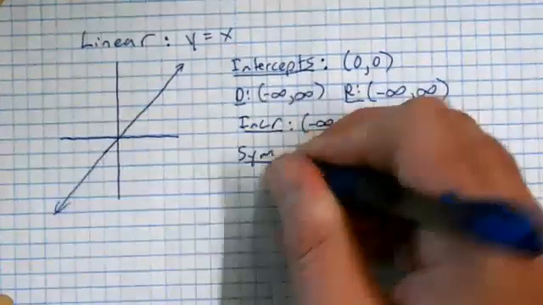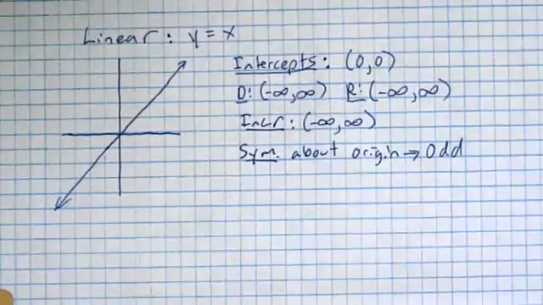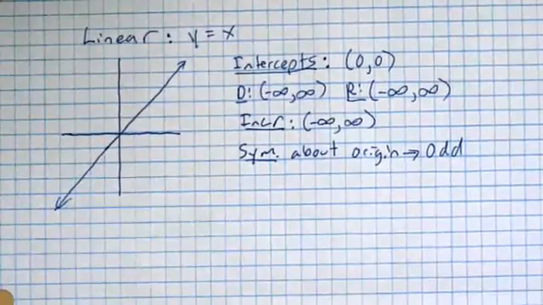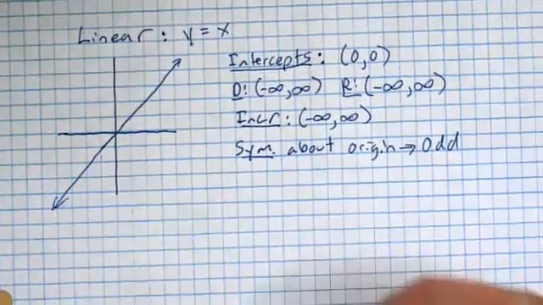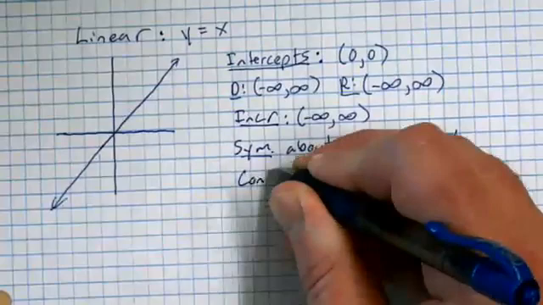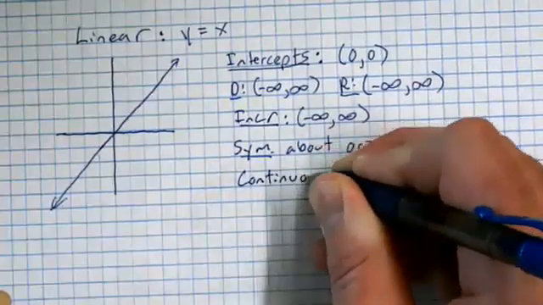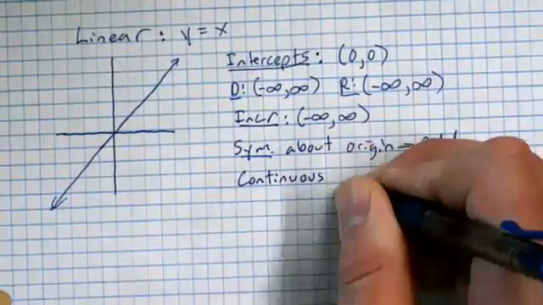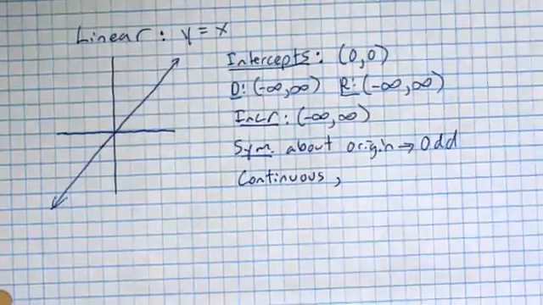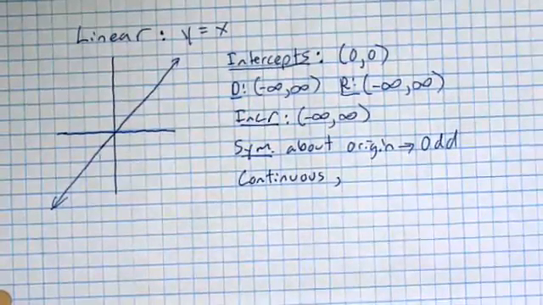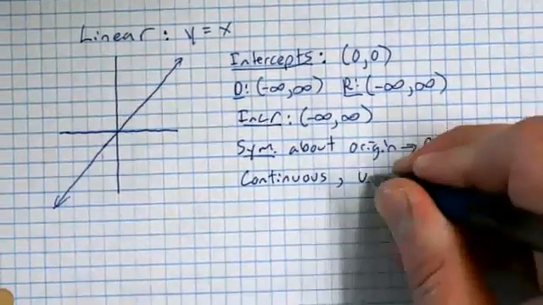If you get a graph that has no symmetry, just write no symmetry. Is it continuous? Yep, so we'll write continuous. If you get a graph that's not continuous, just write not continuous. Is it bounded? Bounded above, bounded below, bounded, unbounded? Unbounded.